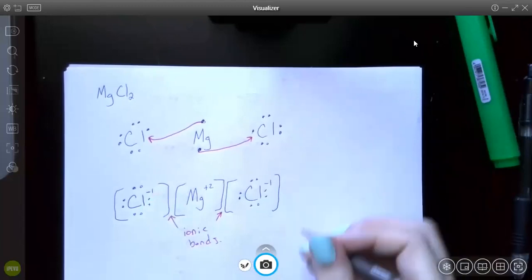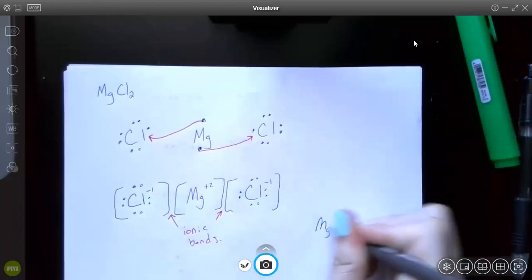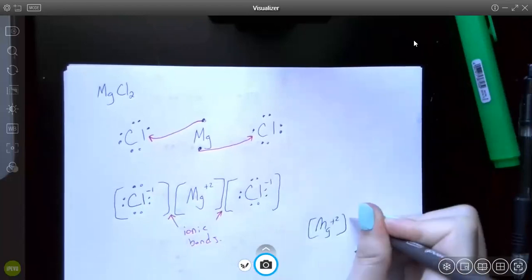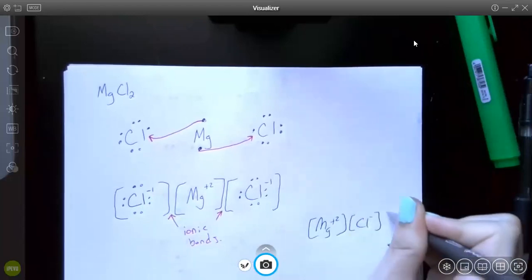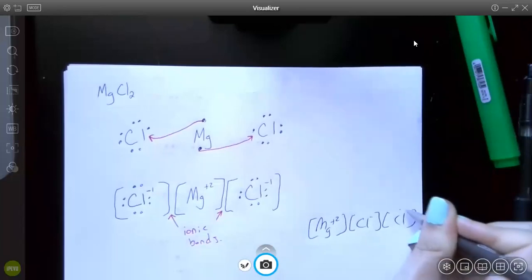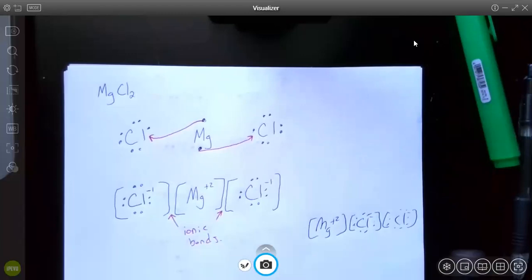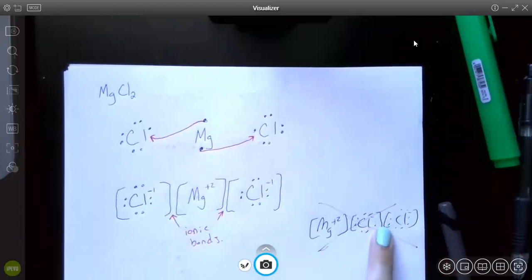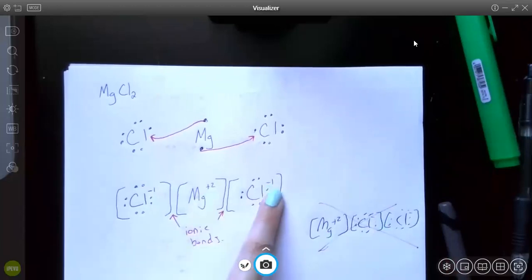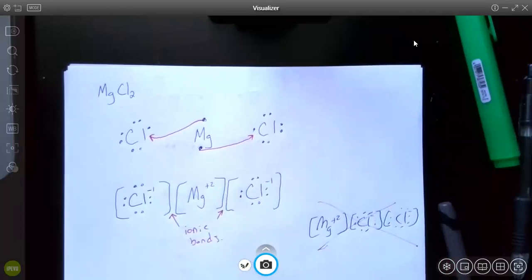If you had drawn it like a magnesium and then the chlorine and then the other chlorine, okay, that is incorrect because you cannot have 2 negative charges with an ionic bond or a site of attraction between them. You can only have oppositely charged things touching each other. Okay?